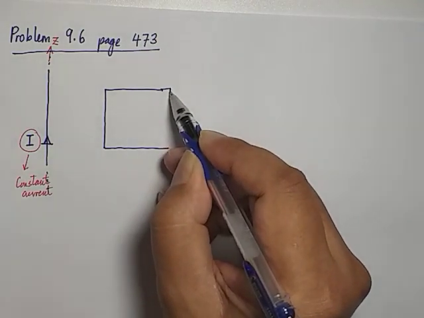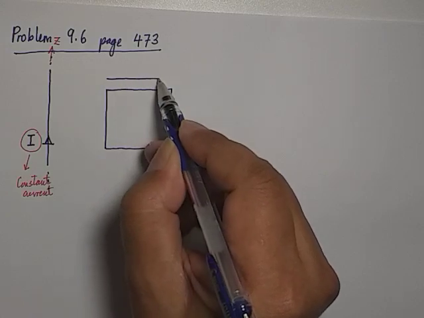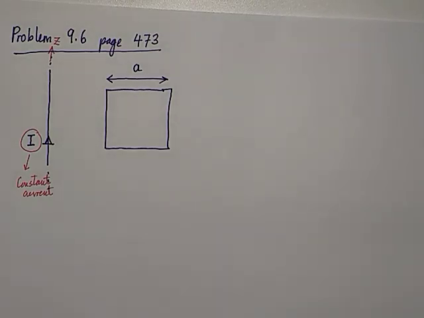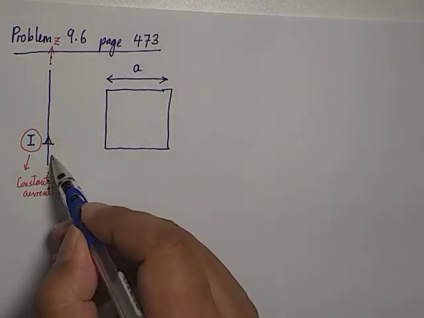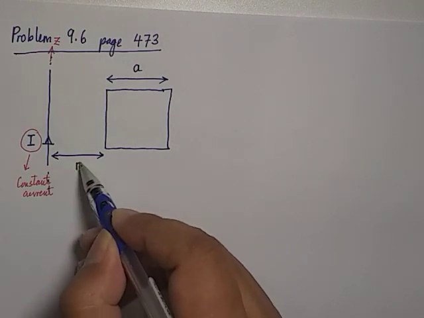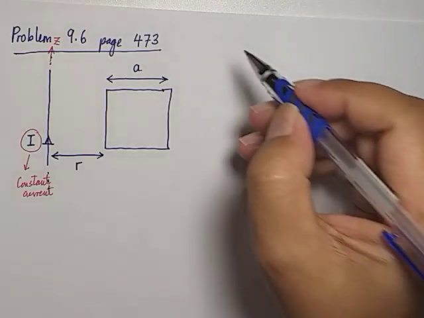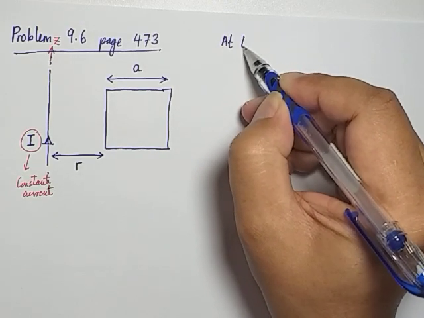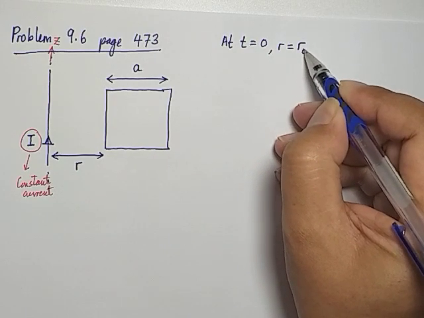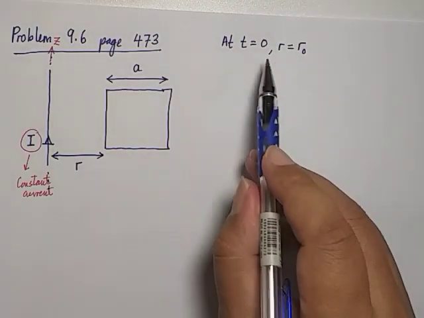The dimension of this square loop conductor is given as A. And then the distance here is given as R. At t equal to 0, R equals R naught. That is known as the initial condition. So R equals R naught at t equal to 0.